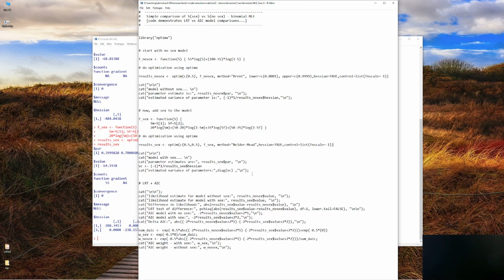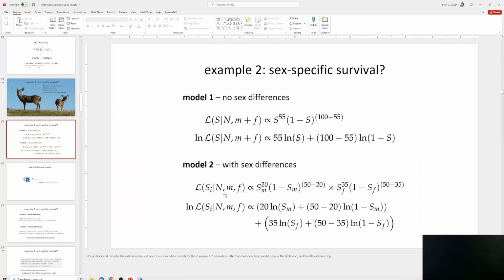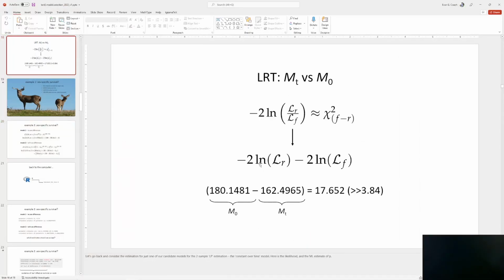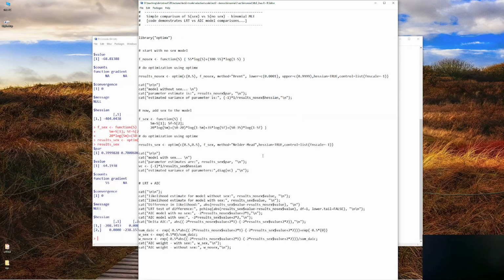All right, so what do we do? Well, we're going to take the likelihood estimates for those two models, and we're going to calculate the difference. So remember from the PowerPoint slide, what we need to do is work with the differences in -2 log likelihood. Because it's -2 in the log likelihood, we can basically just get away by taking the actual difference, simply taking the results and one minus the other.